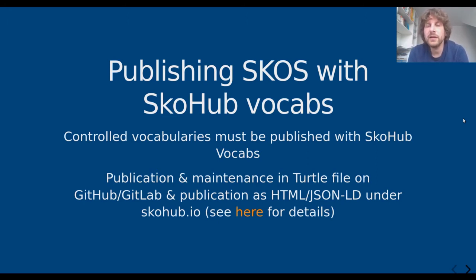And whenever you set up a webhook in your settings, and whenever you change something in your SCOS concept scheme, the vocabulary will be newly built on SCOHub, having a nice HTML UI for humans to read, but there's also JSON-LD as RDF serialization under the hood. And there's a blog post linked here if you want to know the details and how to try it out yourself.